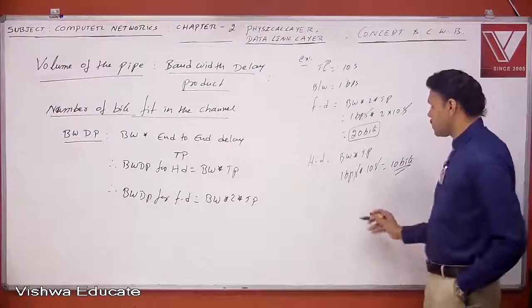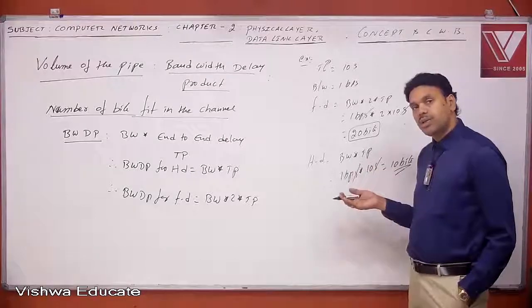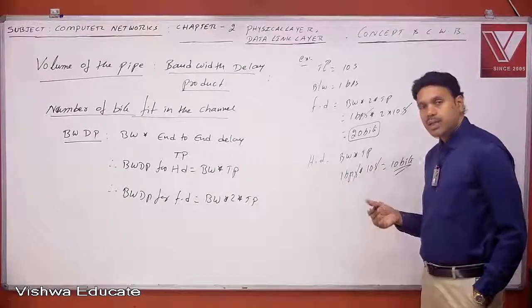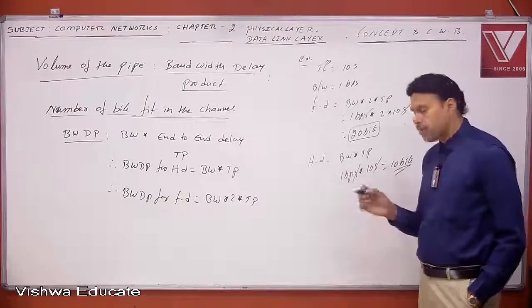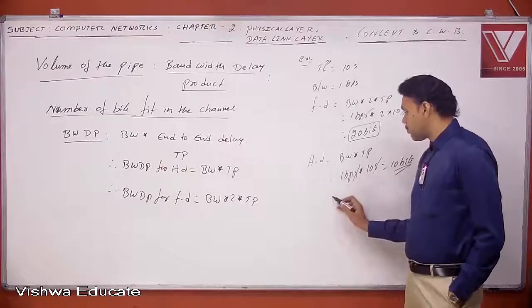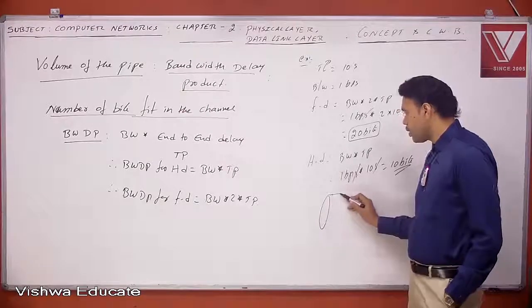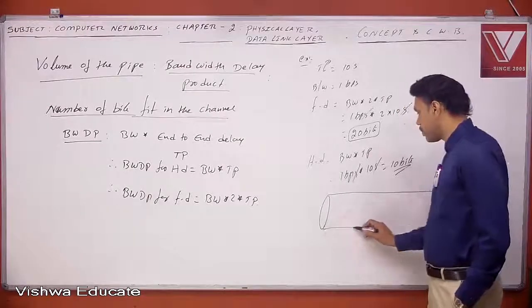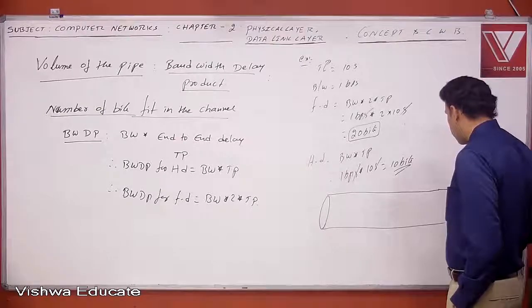Now what is the ideology here? The mechanism here is like this. My capacity is 1 bit per second. Therefore, you take a channel. This channel has 10 slots.